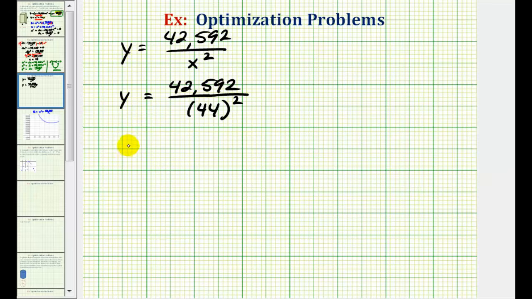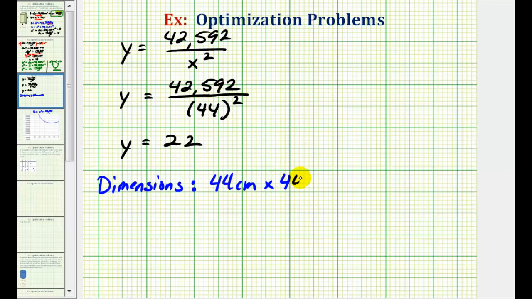Already found this value, y is equal to 22. So to answer the question, the dimensions of the box that would minimize the surface area with a volume of 42,592 cubic centimeters would be 44 centimeters by 44 centimeters by 22 centimeters.